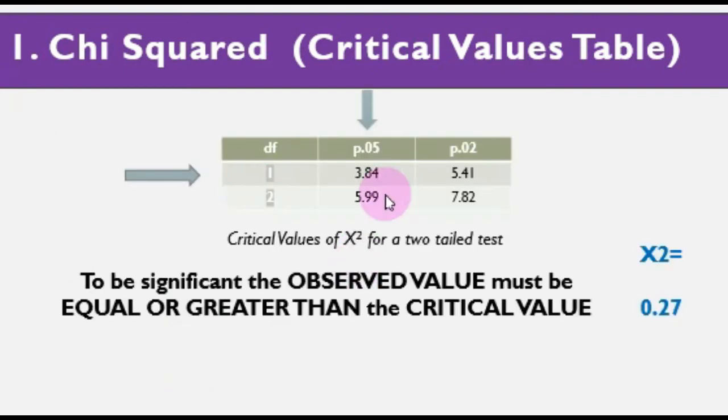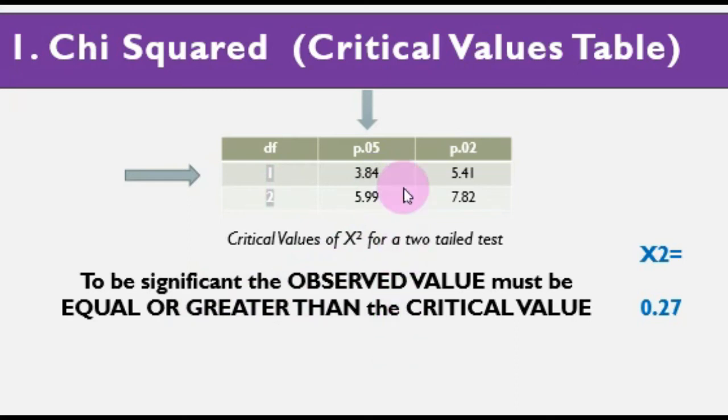So, kung titingnan natin siya dun sa critical values table, okay? Dito, sa example, gumamit ng two-tailed test. Okay? So, to be significant, the observed value must be equal or greater than the critical value. Okay?